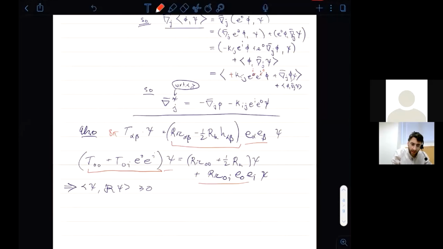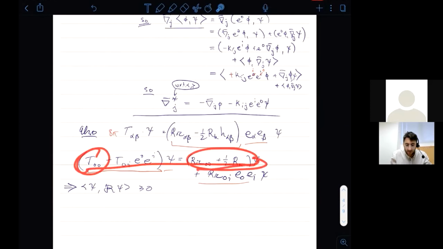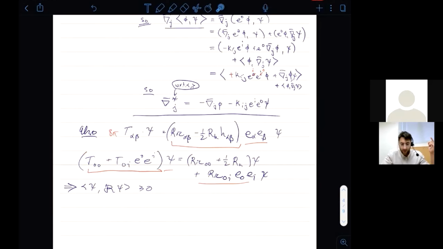From the T00 part, you get Ricci 00, and then plus, because h of E0 is -1, so that changes the -1 to a +1, the scalar curvature. And then from the T0I, when you plug in 0 and I goes from 1 to 3, the metric term vanishes because EI is orthogonal to E0. You just get these Ricci terms.